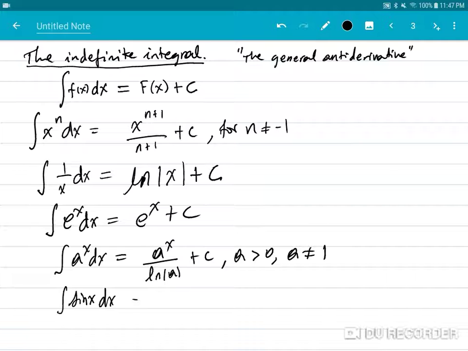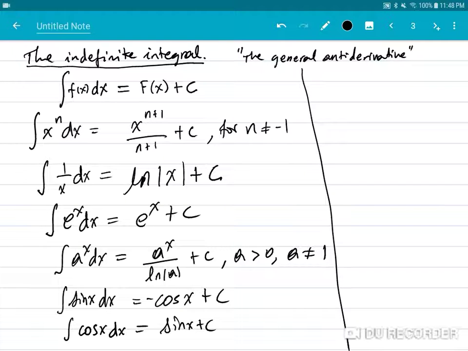The integral of sine x dx is negative cosine of x, and the integral of cos x dx is sine of x. I'm going to put the other ones in right here.